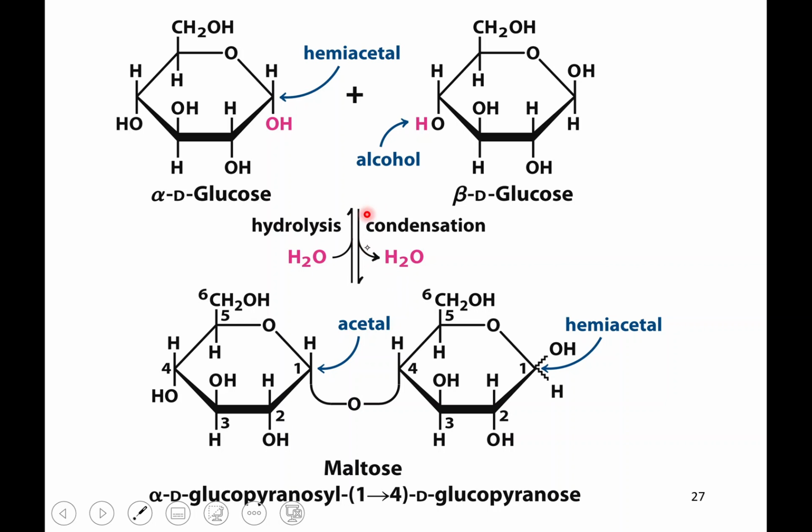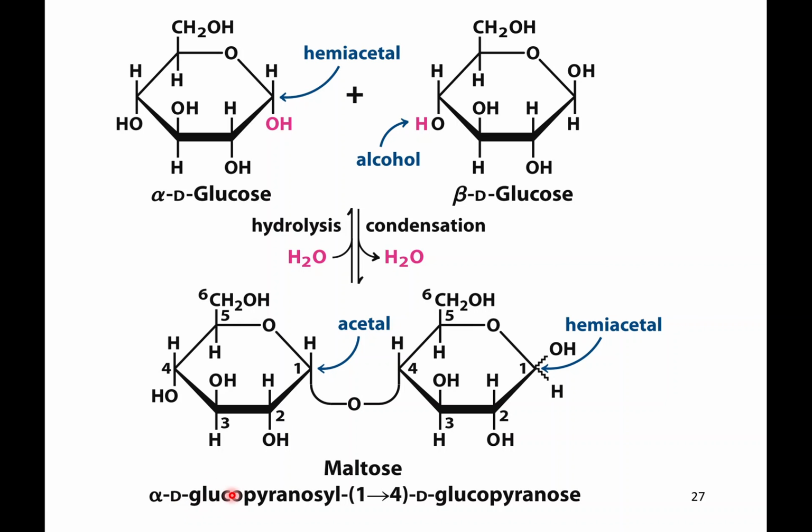In this direction, this is known as a condensation reaction, because you're producing water. What's left is a bond between the anomeric carbon 1 on the left glucose monomer and the oxygen, the OH group, on carbon 4 of the right glucose. How you write this out, you would term this as alpha D-glucopyranosyl.